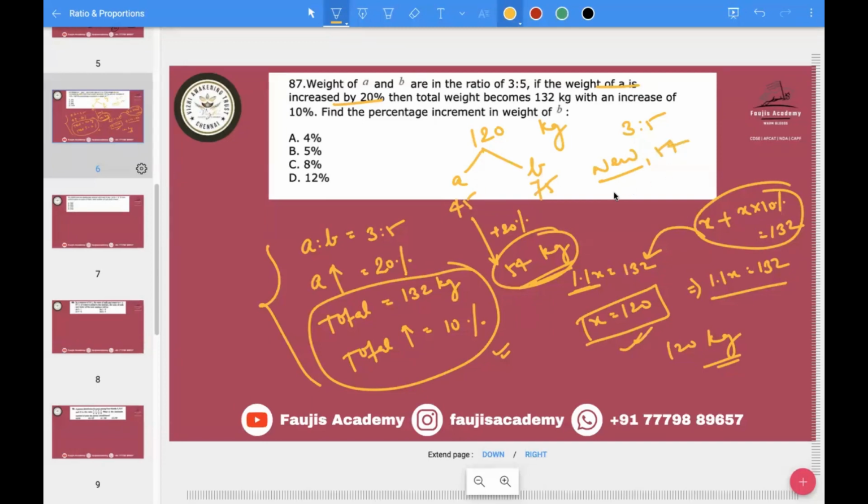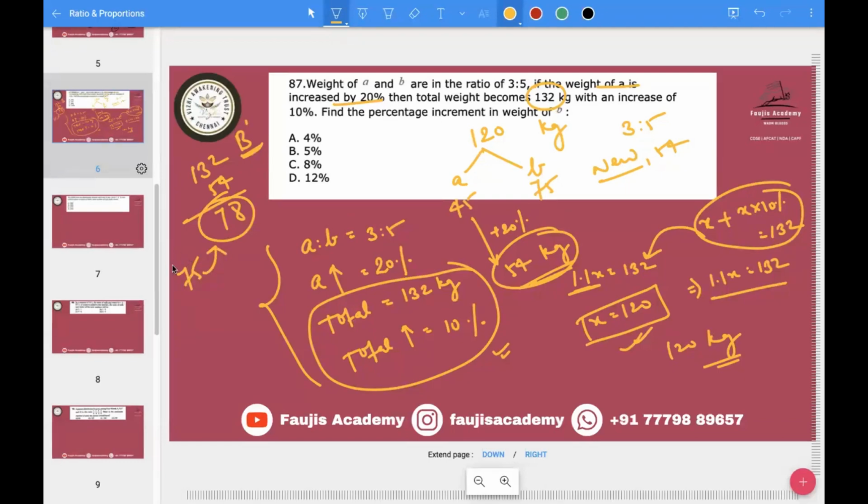The new total was 132. 132 minus 54 is how much? 78. Right. Earlier, B's weight was 75 and now it became 78.